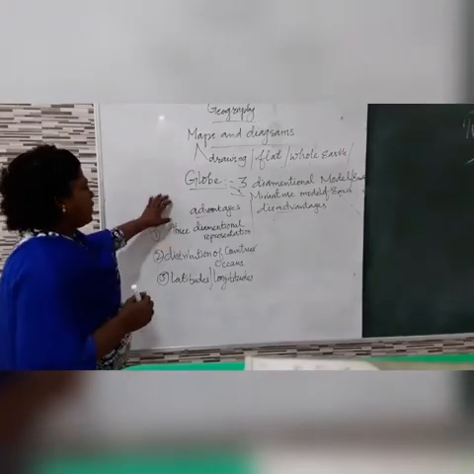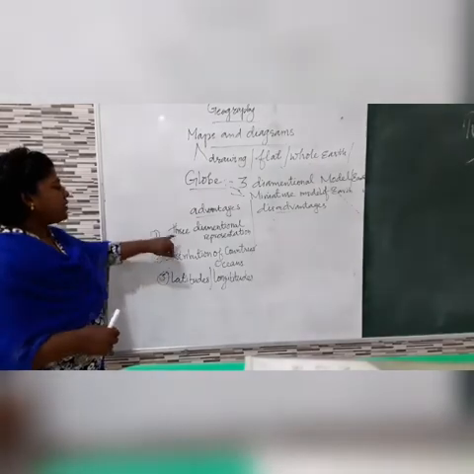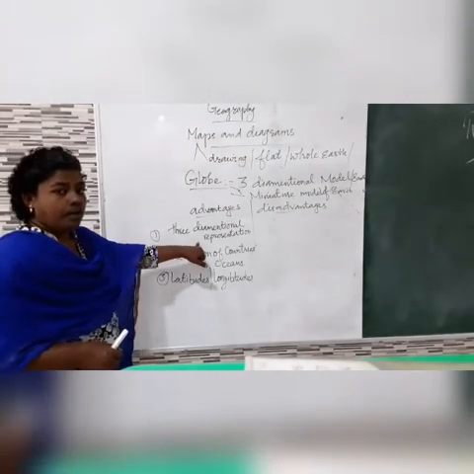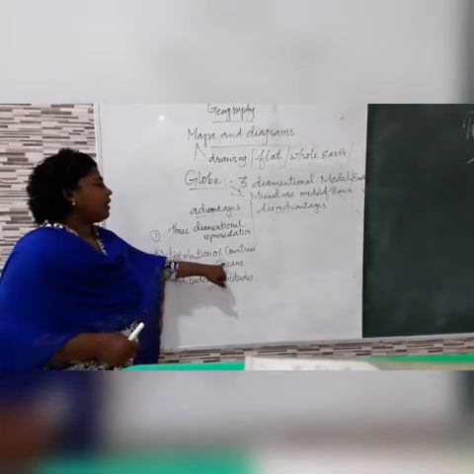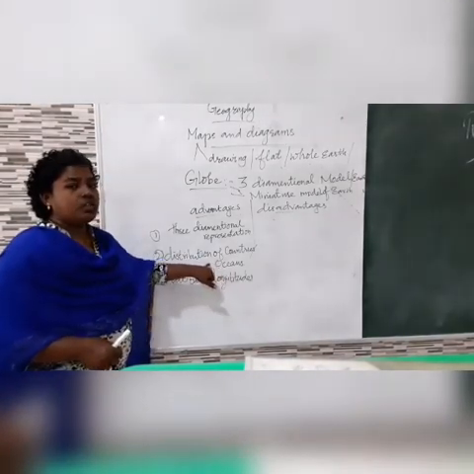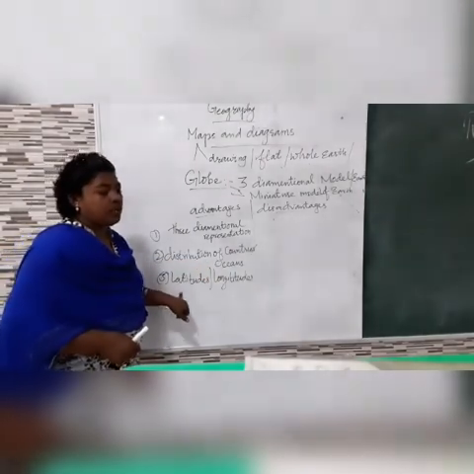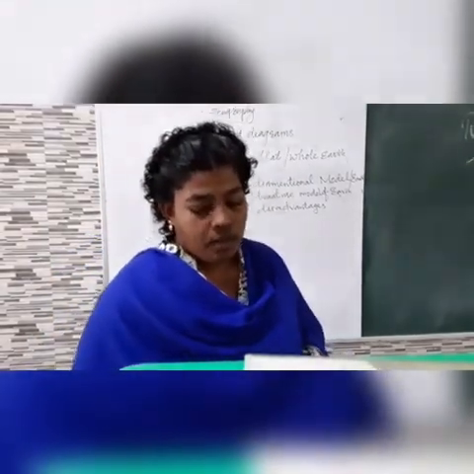What are the different uses or advantages of globe? First one, it is the three-dimensional representation of the earth. Second one, distribution of countries and oceans can be shown very clearly. And third one, latitudes and longitudes are also shown. And what are the disadvantages?